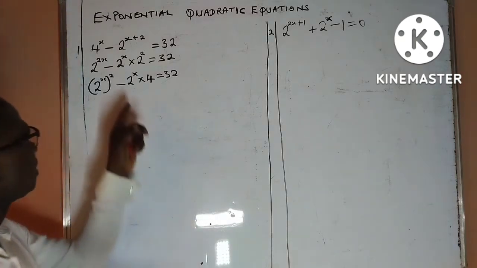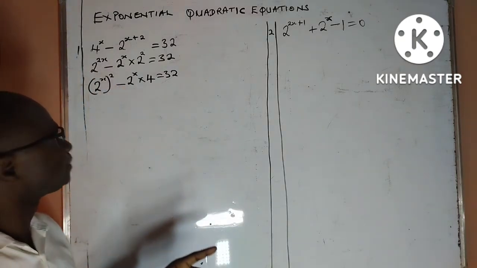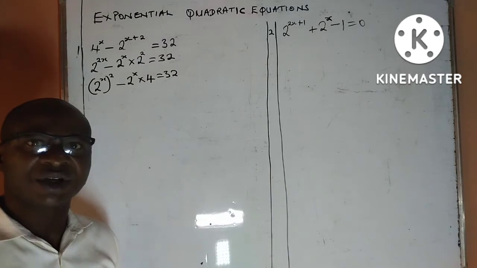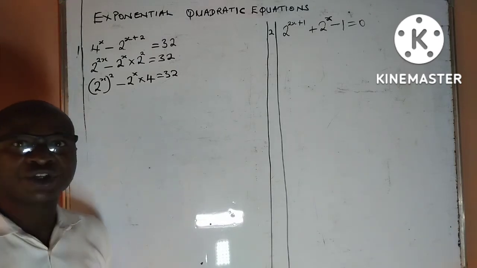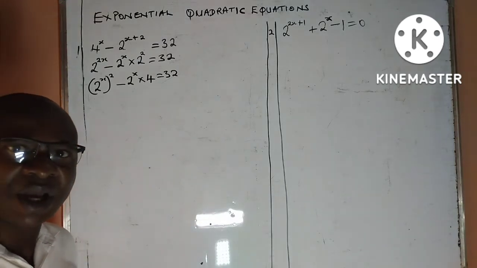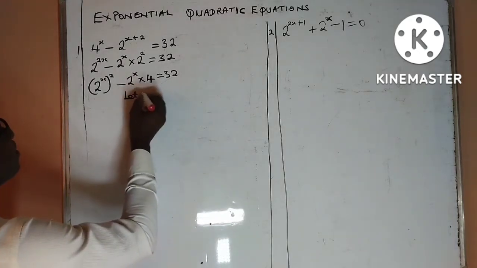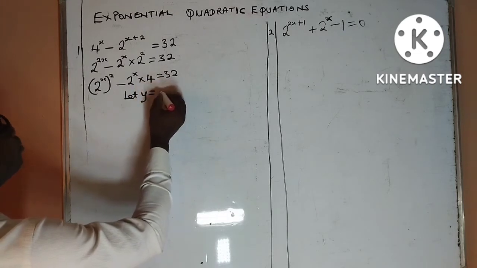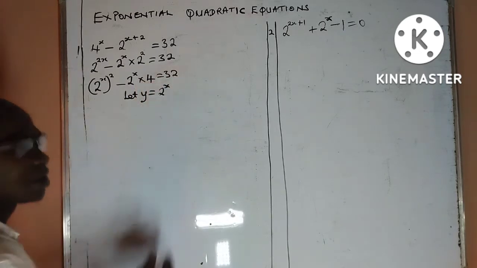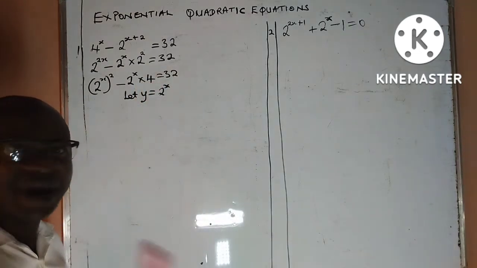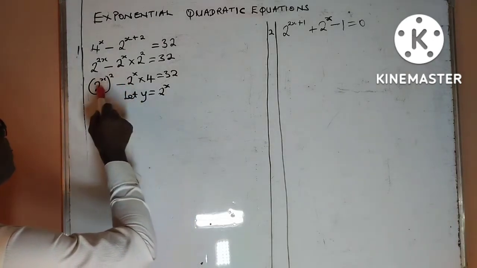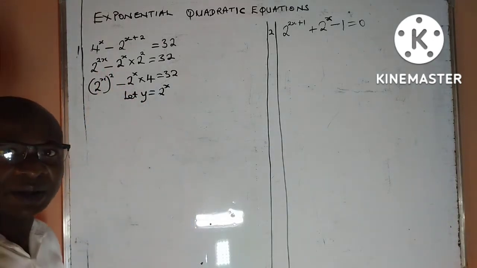What do I want to achieve here now? I want to represent it as a quadratic equation. I want it to look like a quadratic equation. And to achieve that, let y be equal to 2 raised to the power x. Meaning, anywhere I see 2 raised to the power x, I will call that y.